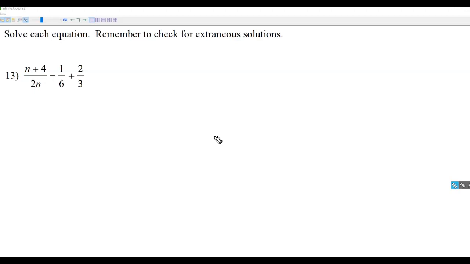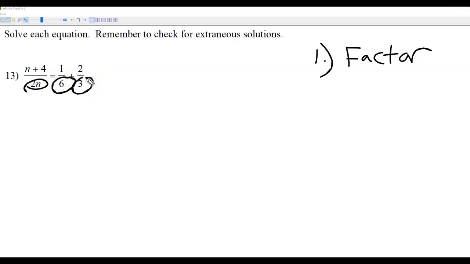All right, so step 1 for these when it comes to solving rational equations is you want to, let's see, factoring the denominator is usually the first thing, but we're dealing with monomials, and when it comes to monomials in the denominators, you don't factor them.